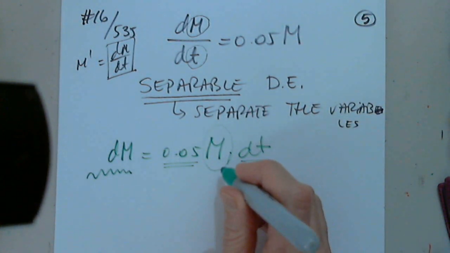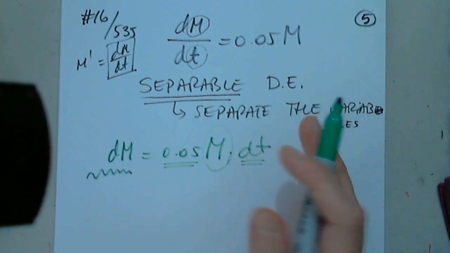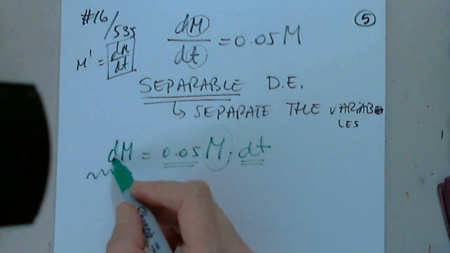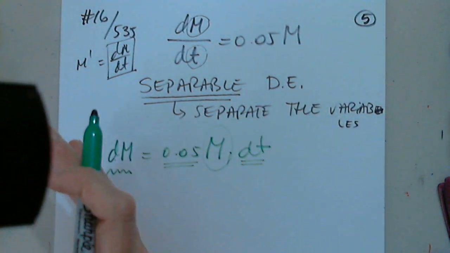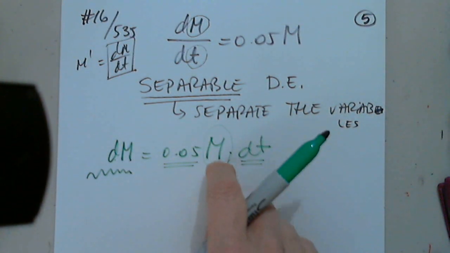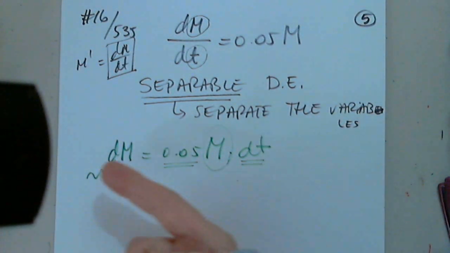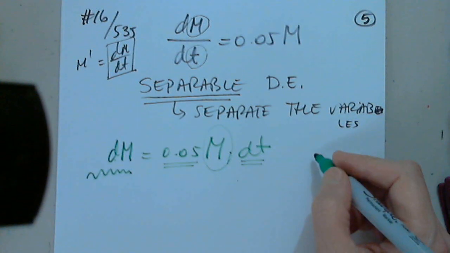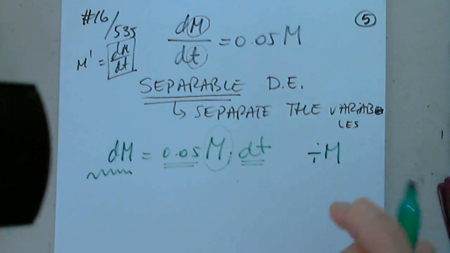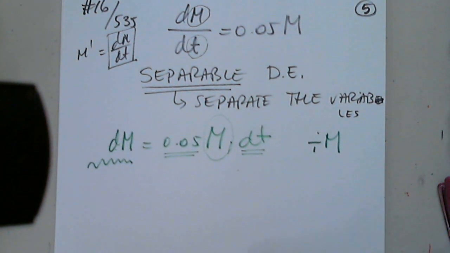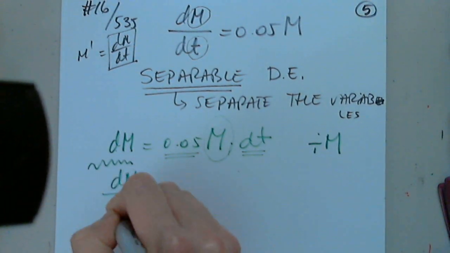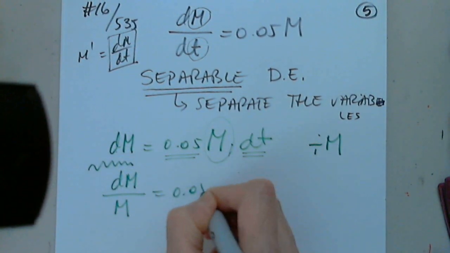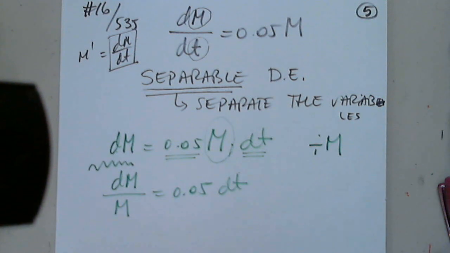I don't want m to be on this side. I want m to be on this side with dm. What should I do to both sides to make m disappear from the right-hand side and appear on the left? Divide by m. Of course. We are dividing both sides by m. Awesome. So dm over m equals 0.05 dt.